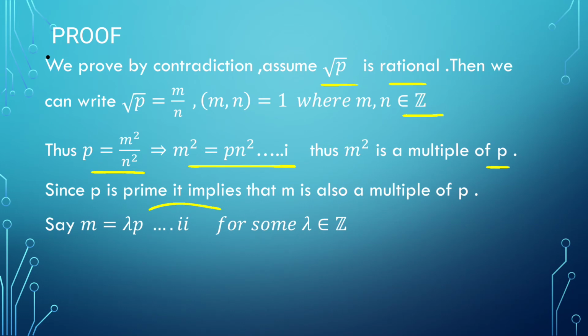Say for example, m is a multiple of this, so m is lambda p, and we call that the second equation. Because we have introduced lambda, again lambda is a member of the integers.